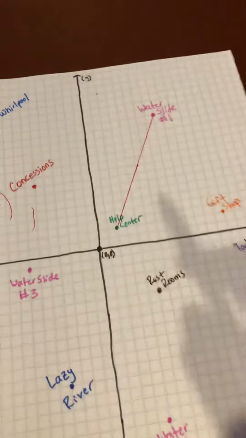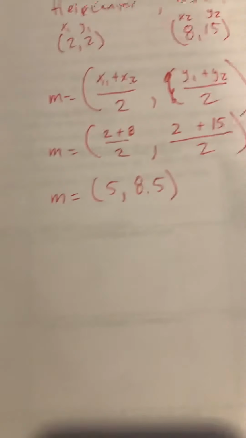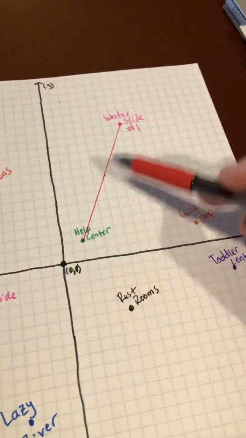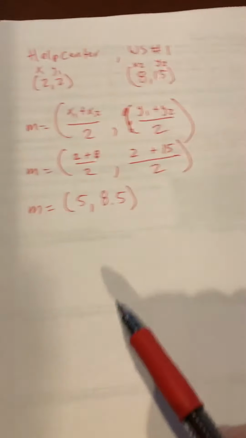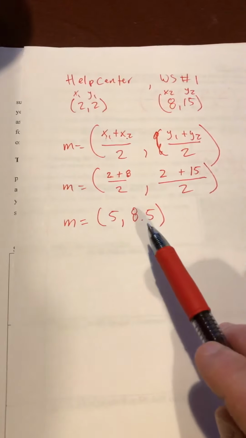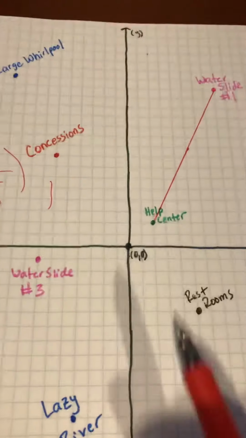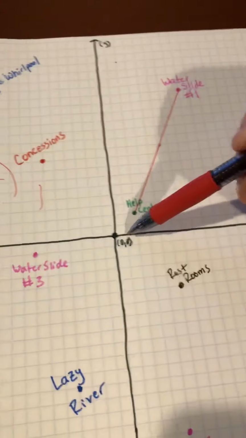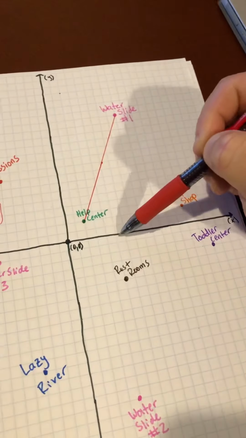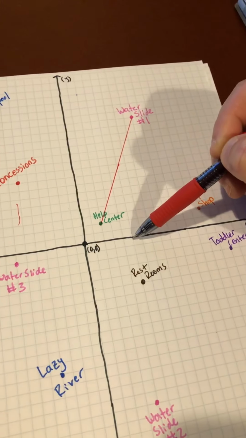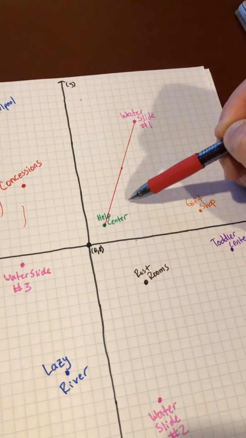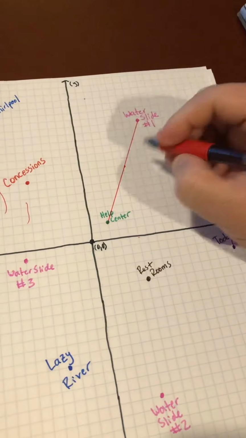So let's go over to my graph paper here. I know that the midpoint of this help center to the water slide's coordinate was 5, 8.5. So the 5 is the x, so I go over to 5: 1, 2, 3, 4, 5, and I go up to 8.5: 1, 2, 3, 4, 5, 6, 7, 8 and a half.